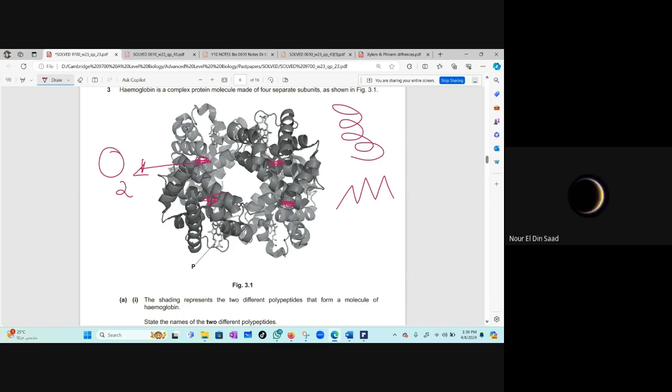Carbon monoxide. Correct. So this central iron group, or heme group, or prosthetic group, binds with oxygen, but it actually has a higher affinity to carbon monoxide. When the hemoglobin binds with carbon monoxide, what is the product produced? Carboxyhemoglobin.